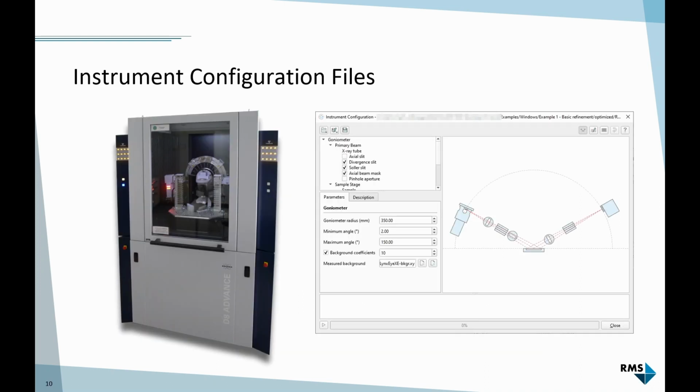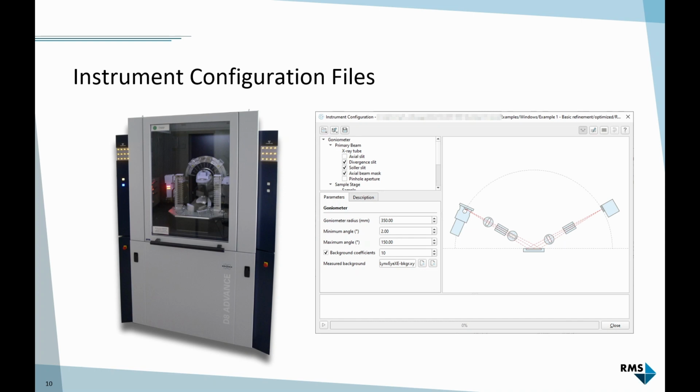Now for the rest of this lesson, I want to make a hard break and change topic drastically and come back to the instrument configurations. In the latest version of Profex, you will find 2 instruments starting with FZ. Those are your instruments. I think 2 different ones, both D8 instruments, Bruker, but 2 different setups.